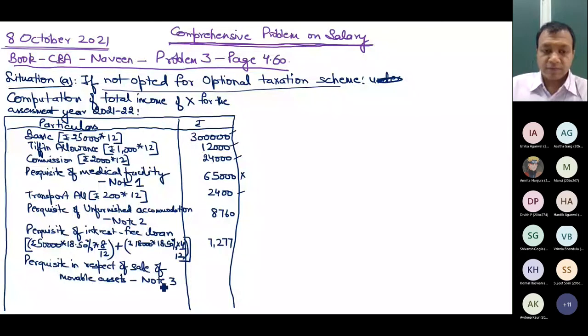Note 3. So let us discuss note 3. Calculation of perquisite of sale of movable assets.